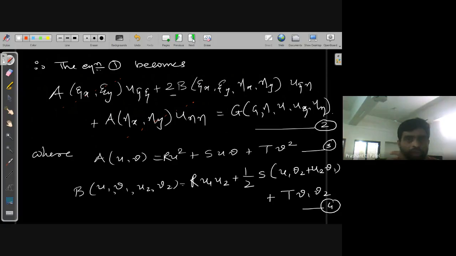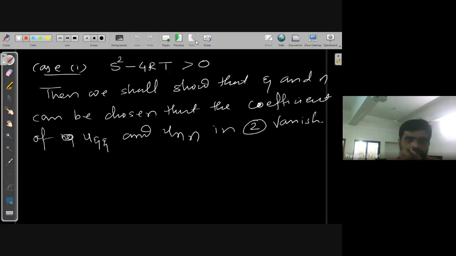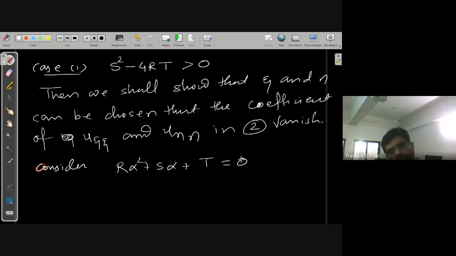And how can we do that? That is the procedure. So for that, let us consider r alpha square plus s alpha plus t equal to 0. Now this is a quadratic equation in terms of alpha.